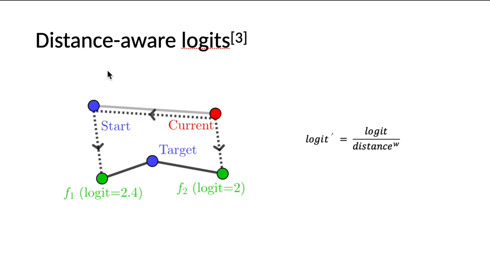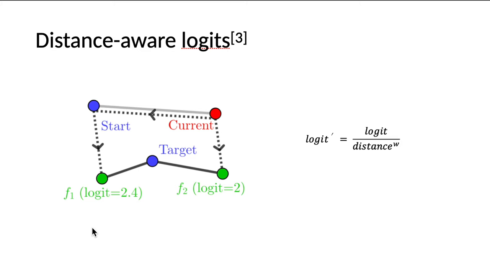We also use a distance-aware strategy to make the navigator aware of the distance of the next step. For instance, in some scenarios, the model predicts a higher loss for point f1 than for point f2. However, it also has a longer path for point f1. So we take the distance as a normalizer for the losses and make the model tend to choose point f2 instead of f1.